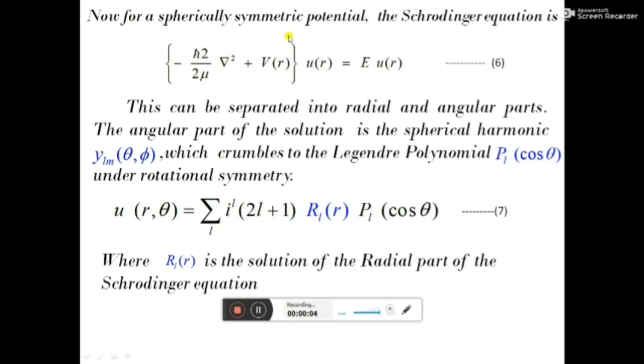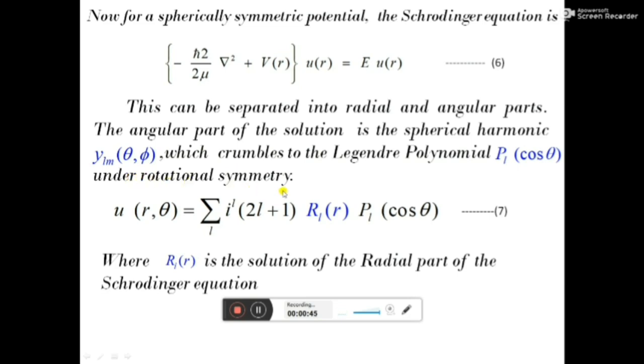Now, for a spherically symmetric potential, the Schrodinger equation is minus h cross square divided by 2 mu del square plus V of r into u of r is equal to E into u of r. This can be separated into radial and angular parts. The angular part of the solution is spherical harmonic YLM of theta phi, which reduces to the Legendre polynomial PL of cos theta under rotational symmetry.